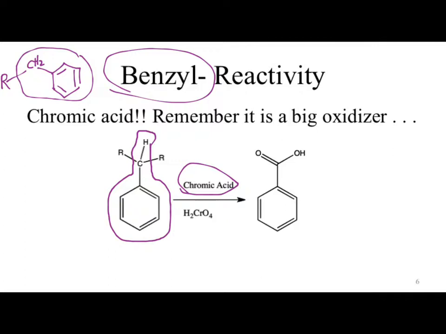Chromic acid is a strong enough oxidizer that it cleaves all of those bonds and turns it into a carboxylic acid. So this carbon in the center there is this carbon right here.